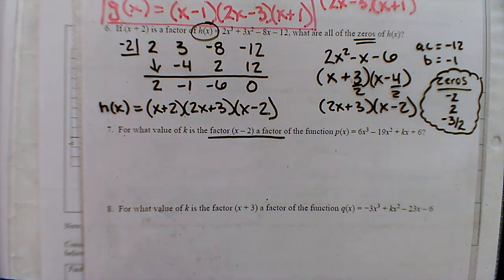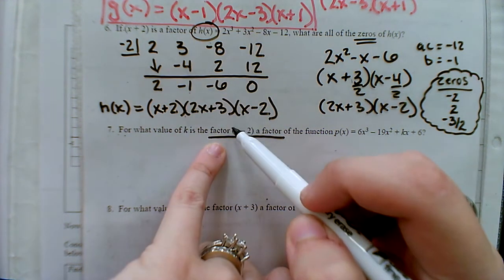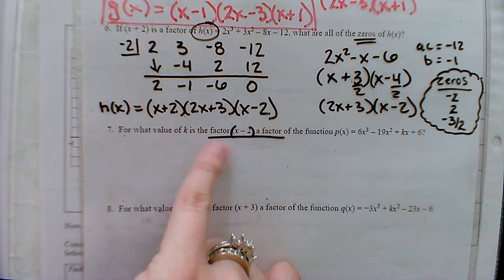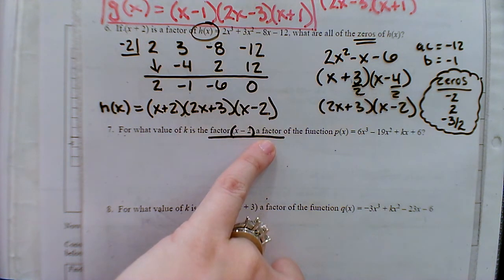Okay, factor does mean divides in evenly, a remainder of 0, but factor can also mean just a general term meaning a group of items or a group of terms. So this first factor is just telling you that this is a divisor. If they're asking you if it is a factor, this factor means goes in evenly.